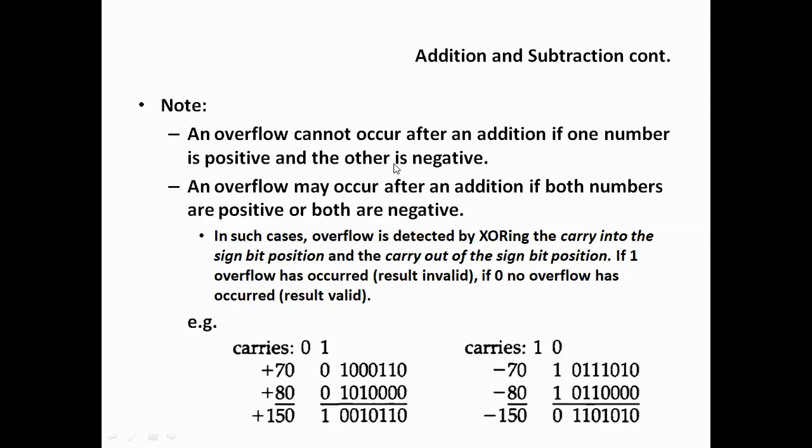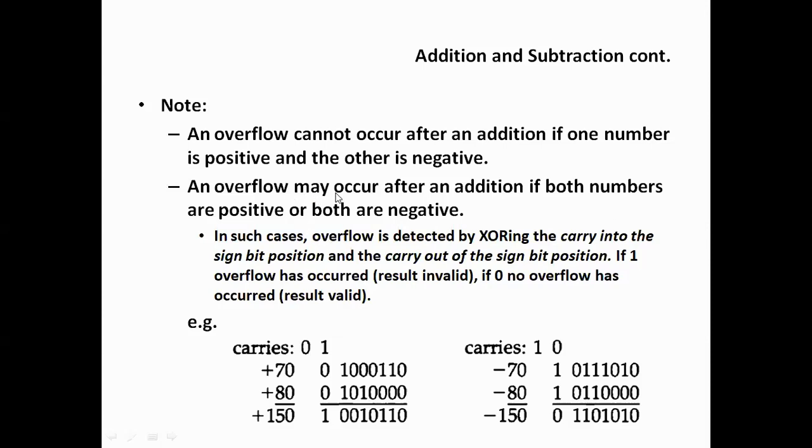But if both the numbers are positive or both are negative, then if both are positive, the answer will be greater than both. If both are negative, again its magnitude will be larger. So there is a possibility that in this case there will be an overflow.